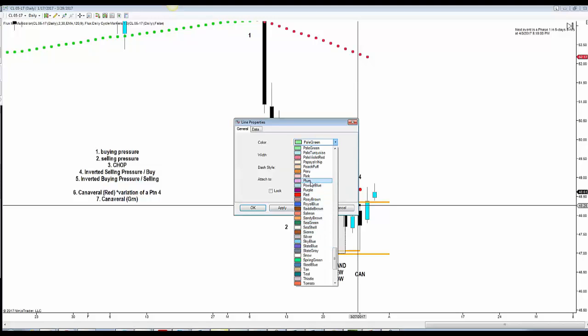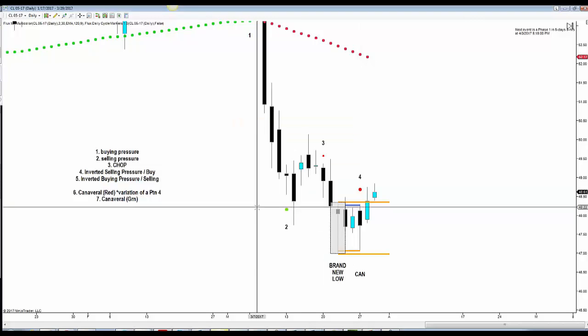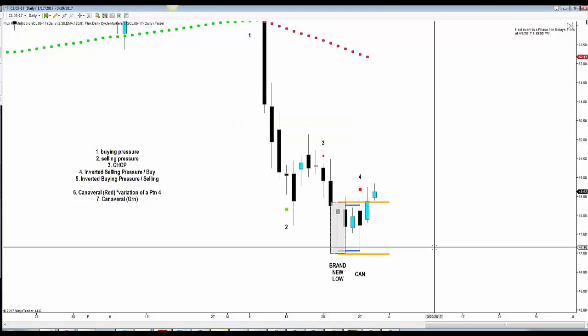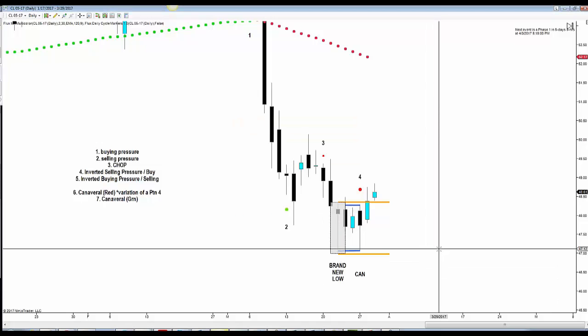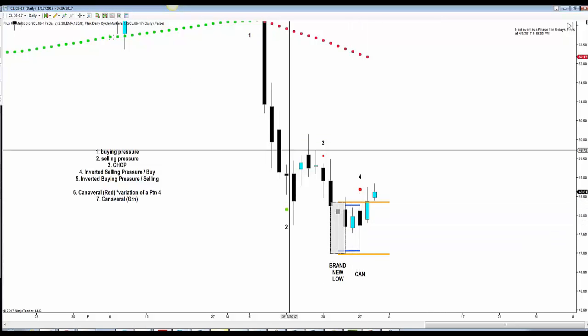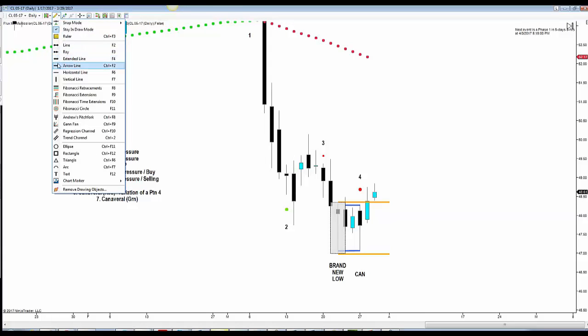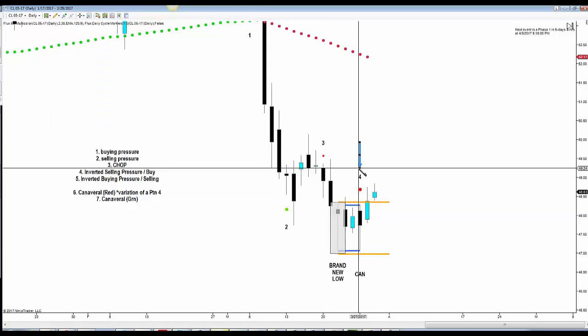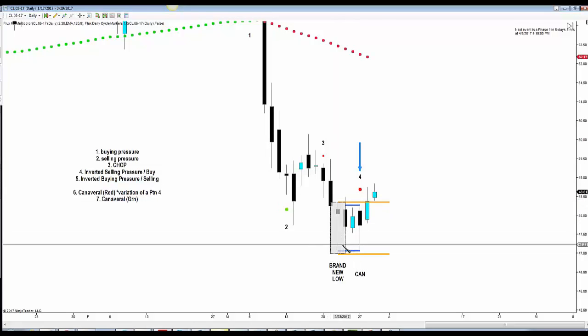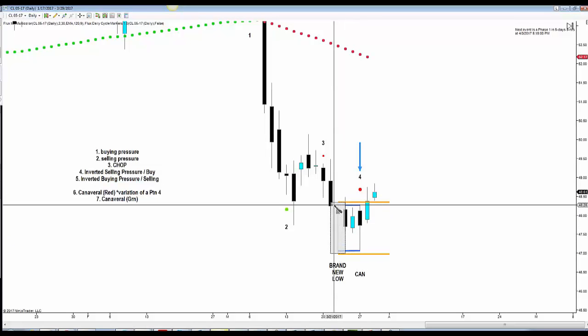We'll try, is there a blue? Royal blue. That works. So the royal blue lines, this is very mechanical. There's no interpretation here. There's no wishy-washy discretion. This pattern here of the phase 4 signal, it fits inside of the body of the brand new low.